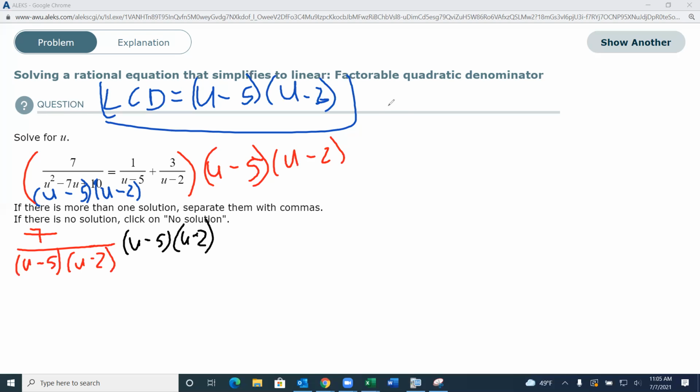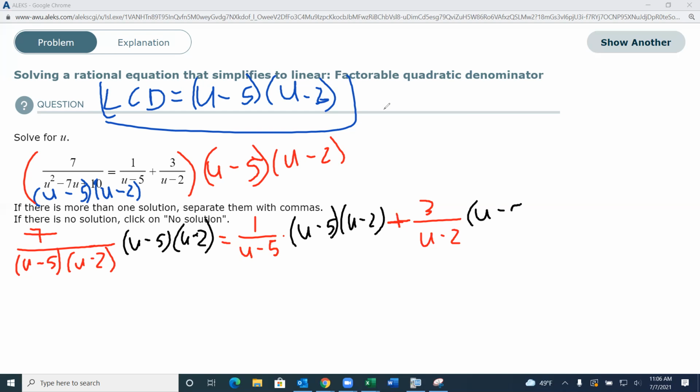Okay, then I've got my equal sign, and then 1 over u minus 5 gets multiplied by the LCD. Yeah, it's tedious. And then plus that last fraction. I think the next time I do one of these on this video, I'm just going to do the shortcut. I think you guys will like that. Okay, so that's what I'm doing.